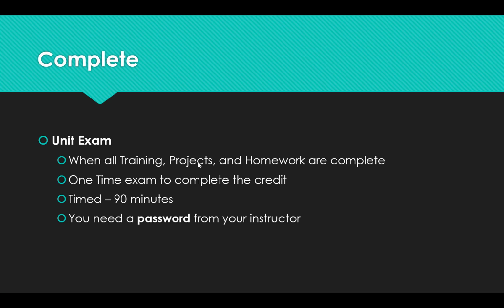Once you have the password, you'll have 90 minutes to complete the unit exam. Open book, open note. When you're finished, your instructor will let you know how you did and what your grade is for the unit, and then you'll advance or progress on to the next credit. So that's how we do it for every credit.